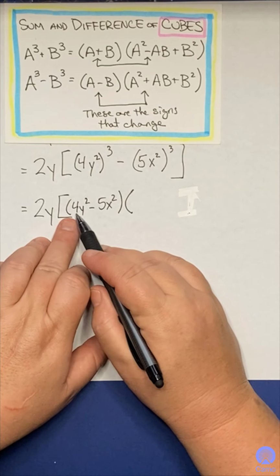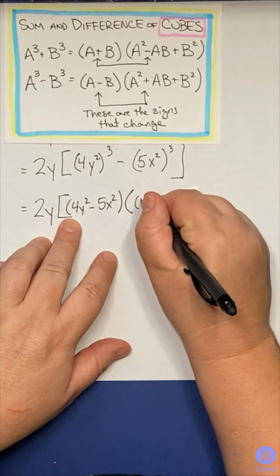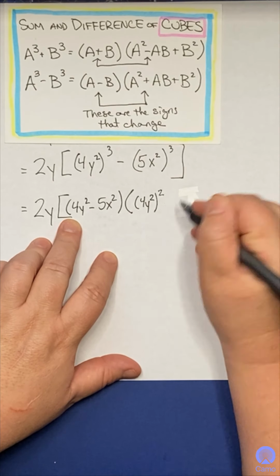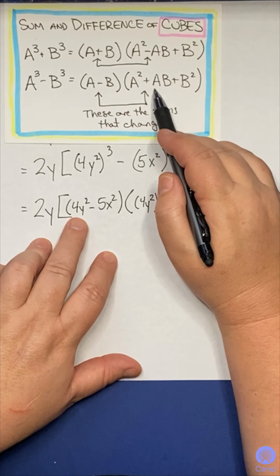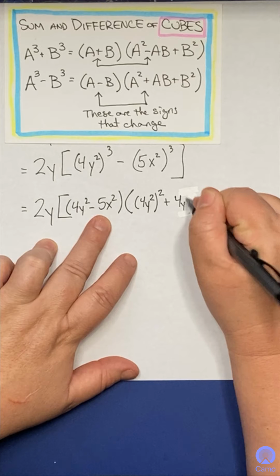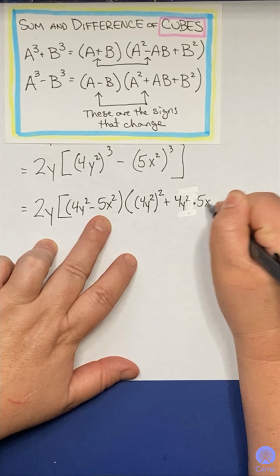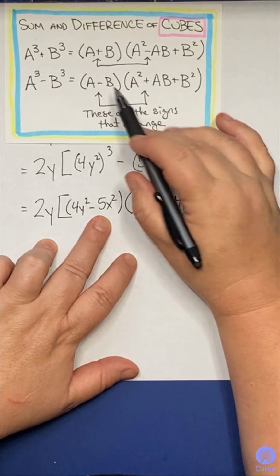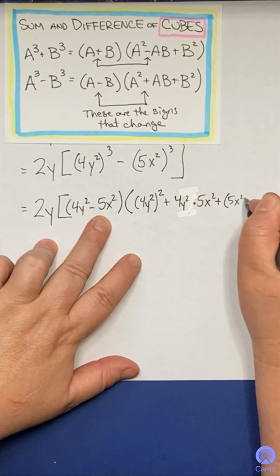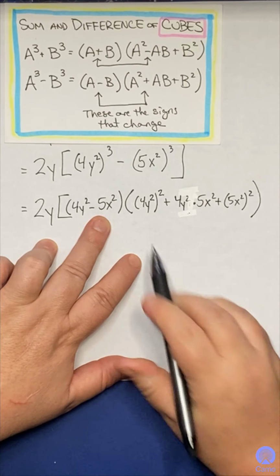I have to take the 4y squared and I have to square it. Then in the middle, I take the 4y squared times the 5x squared. And then I take the 5x squared and I square that. See that?